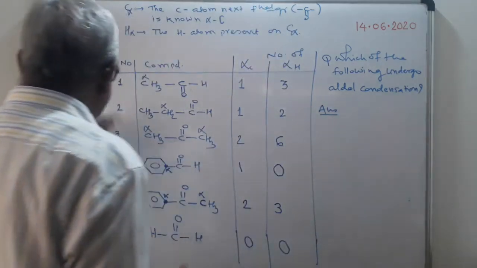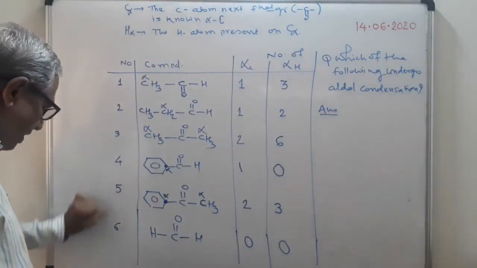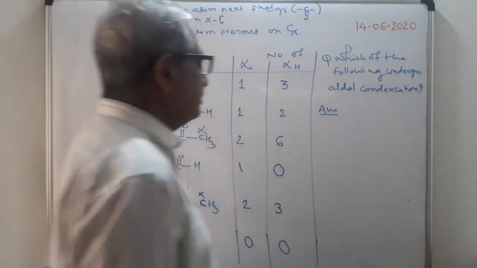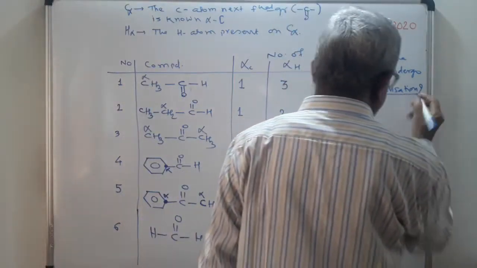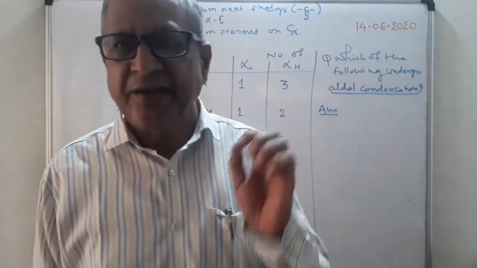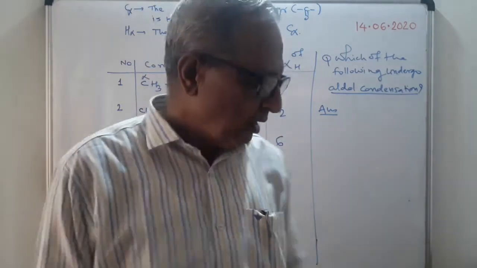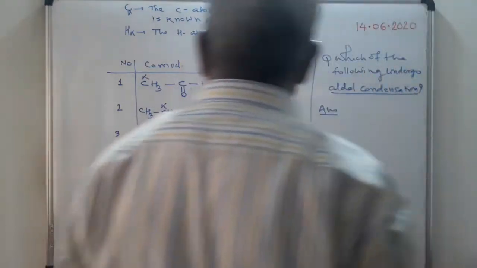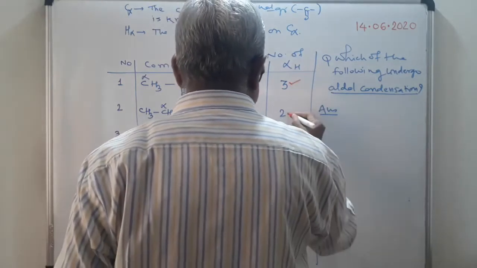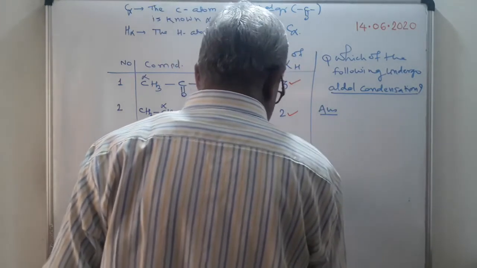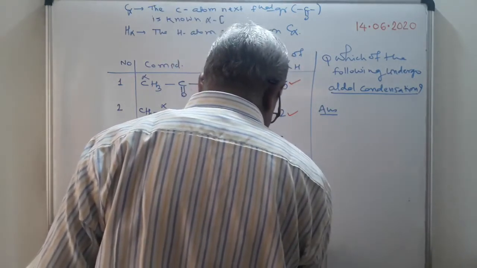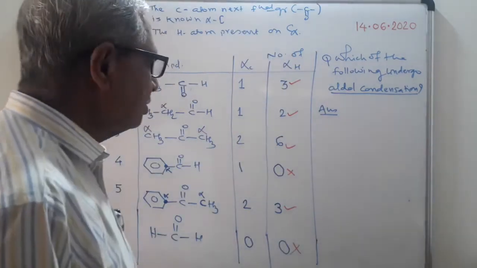The options are given here: 1, 2, 3, 4, 5, 6. What is the condition for aldol condensation? Both aldehyde and ketone having alpha hydrogen atom. So who has the alpha hydrogen? This will not undergo aldol condensation. This will not undergo aldol condensation.